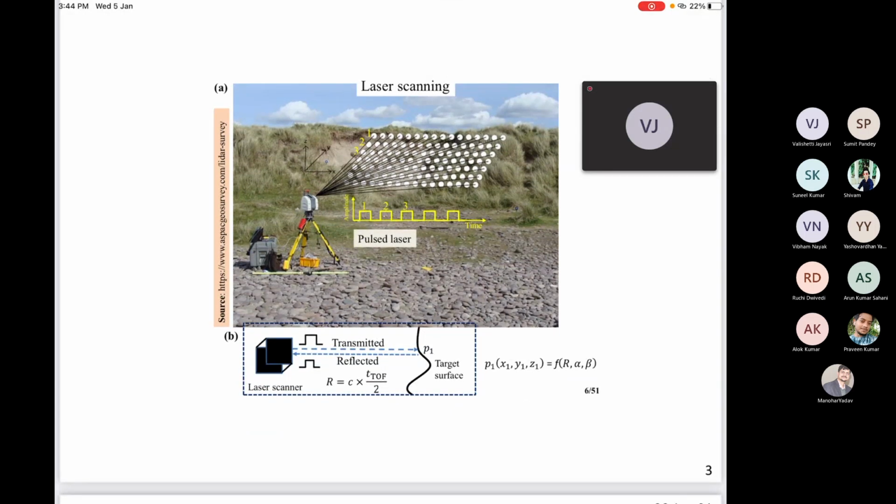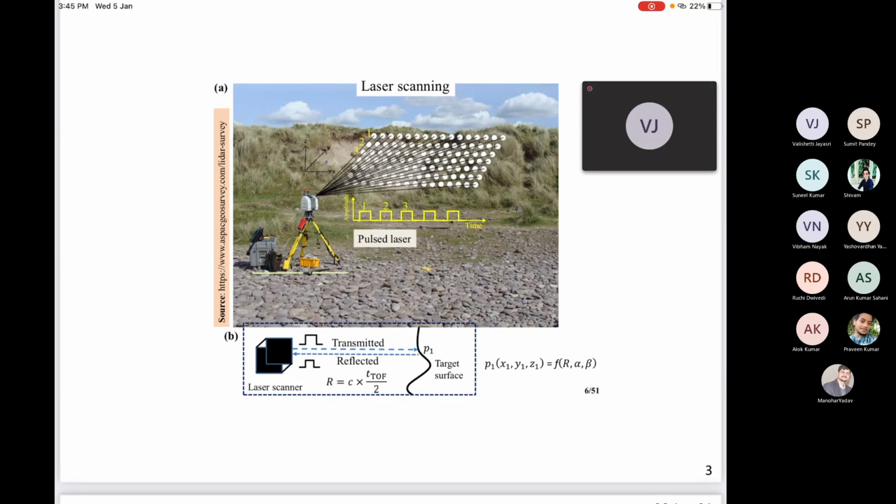Now you can see in the figure, there is a LiDAR instrument. I think you can identify the yellow color tripod, and on top of that, this LiDAR instrument is mounted. Once you switch on the instrument, it continuously fires the laser beam in different directions, covering both horizontal and vertical profiles.